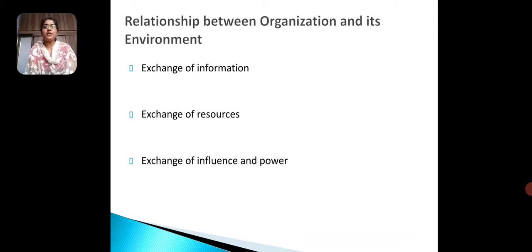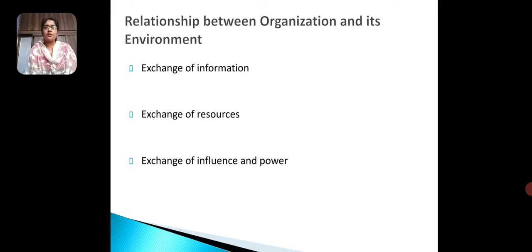So how company and its environment, the surrounding, is attached, and what is the connection between them. First and foremost, these two, that is company or the organization and its environment, are connected with each other because they have to exchange information constantly. What information is needed by the company from its environment?